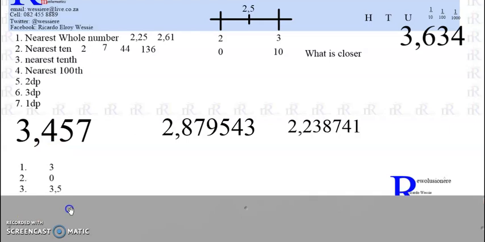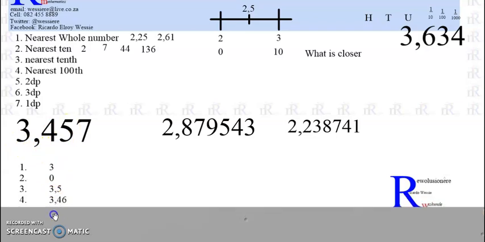Now I go to the next one. Next one says I must round to the nearest 100. So 100 is the second decimal place. I look at the next number, it's a 7. So this 5 becomes a 6. So my answer is 3,46. And the same will be applied if I say to round to 2 decimal places.